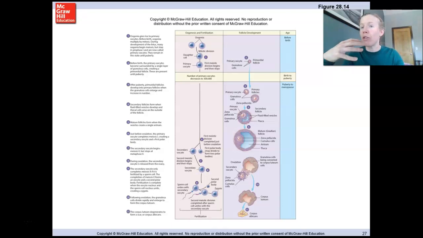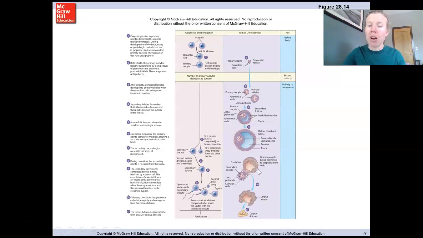So you may have a handful, 10, a dozen primordial follicles moving towards primary follicles, but usually only a few become a secondary follicle, and typically only one is going to become this mature or tertiary or Graafian follicle. Three different names for the same thing. We're becoming this mature follicle between days 10 and 14. Remember, 14 is when ovulation is going to occur. So we have a few days to make this final push towards follicle maturity.